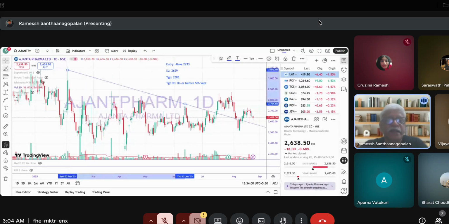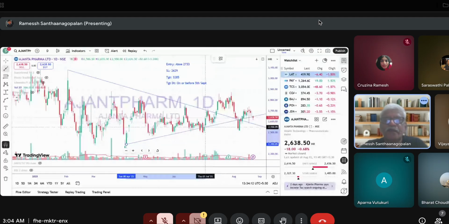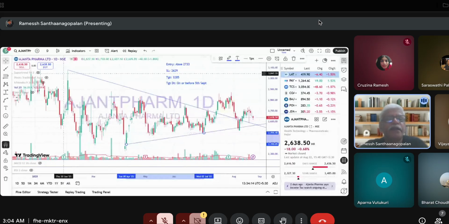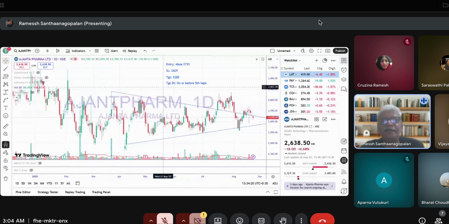I can draw a triangle also. This is not, from here I can take this. So I can draw a triangle. You can see this triangle also, but look at it.